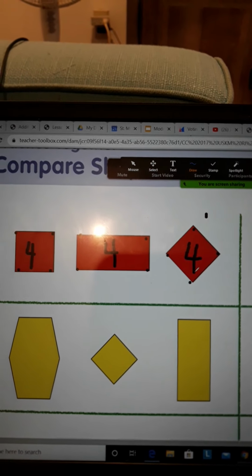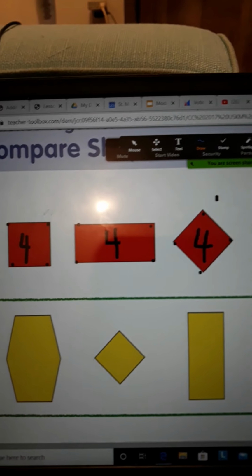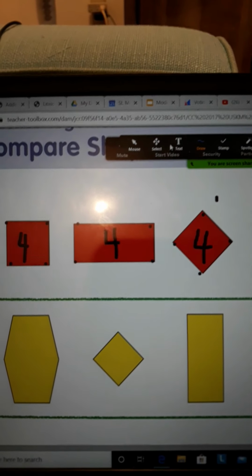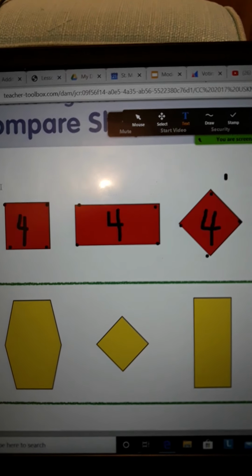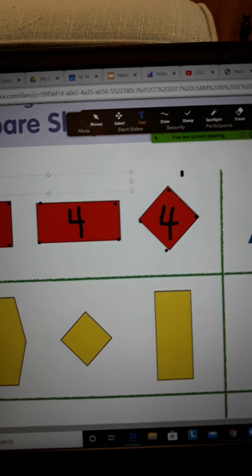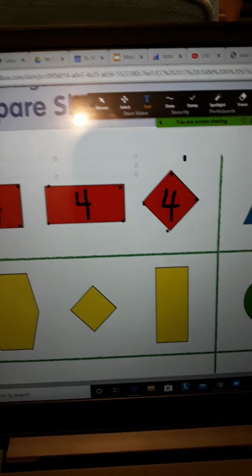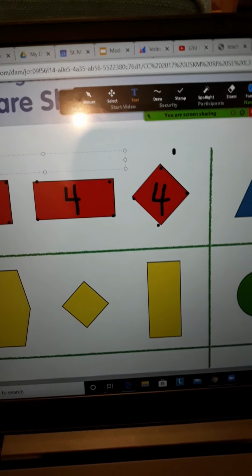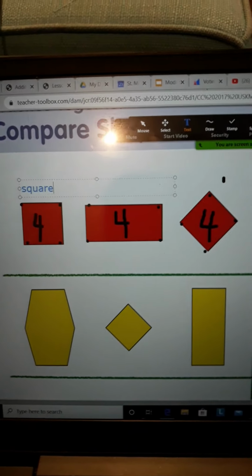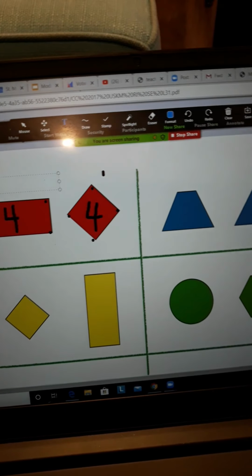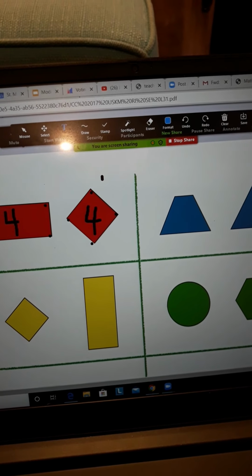So let's look at the shapes. Let's look at the names of the shapes. So this is a square. This is a rectangle.